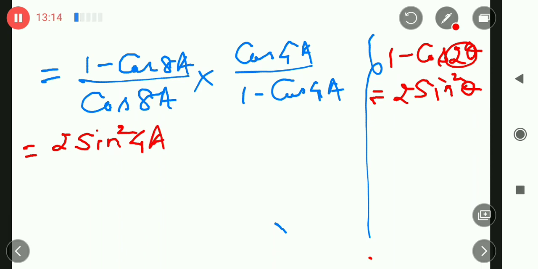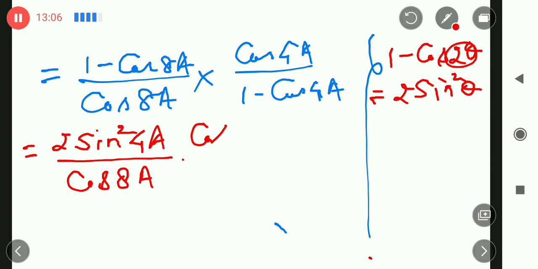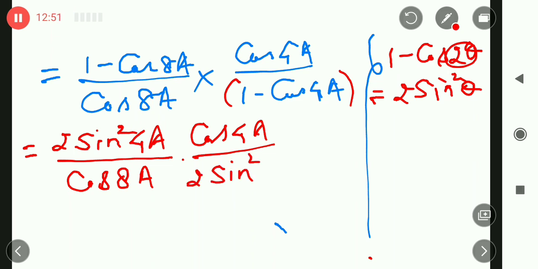Okay, and by cos 8a, let it be as it is, and right here cos 4a by, again we will use the same formula, 1 minus cos 4a, we can write 2 sin square 2a, sin square just 2a.